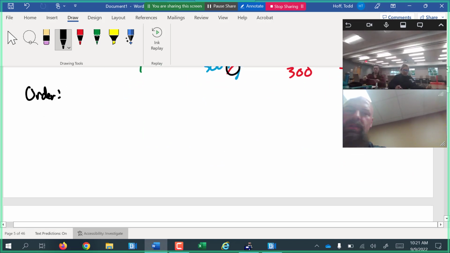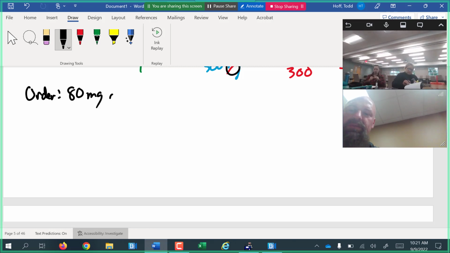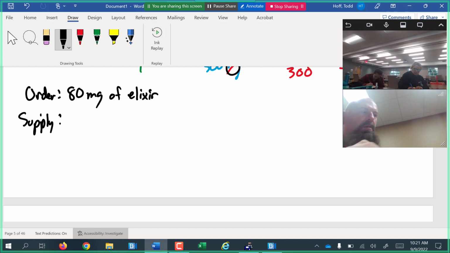So back to our order of 80 milligrams of an elixir. When we have a supply where the label tells us that it is concentrated as 16 milligrams in 5 milliliters of solution.